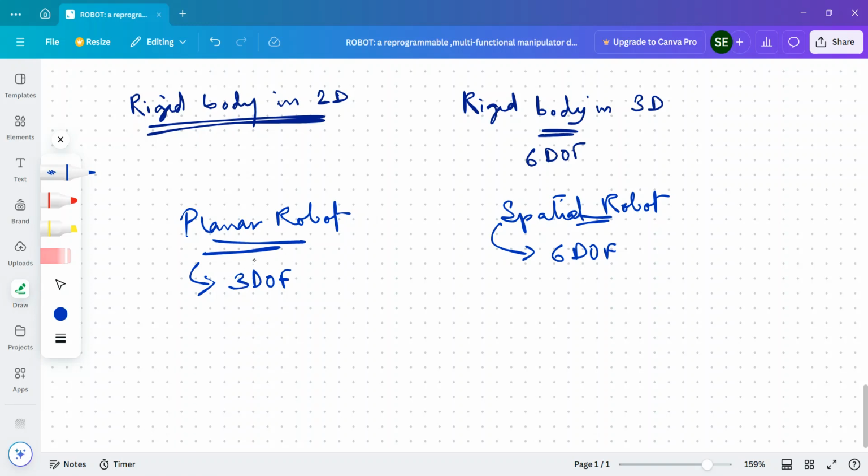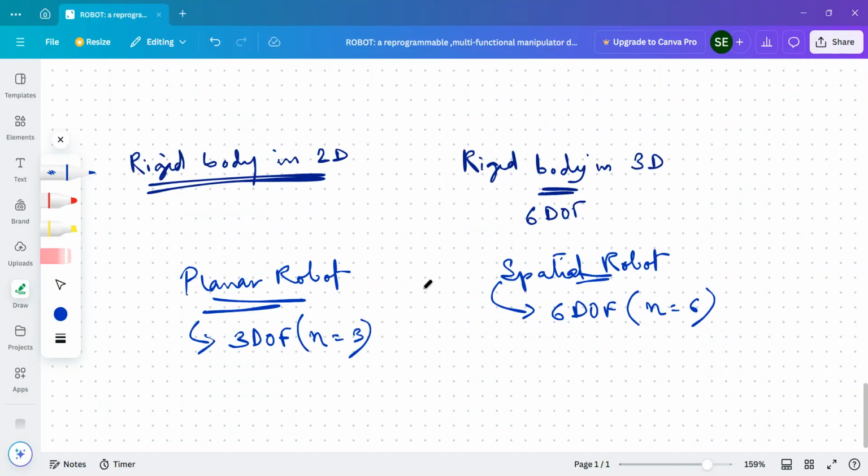To have 3 degrees of freedom for a planar robot, the number of links should be 3, and to have 6 degrees of freedom for a spatial robot, the number of links should be 6.